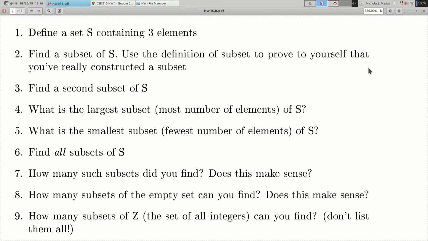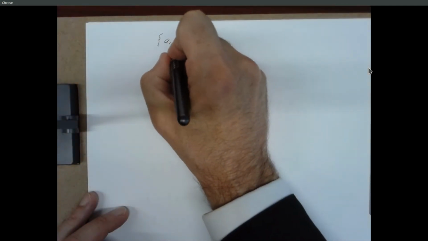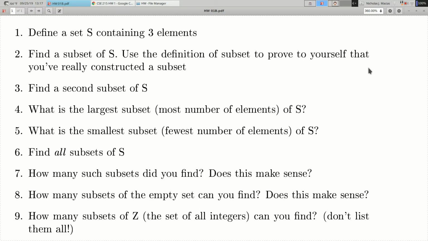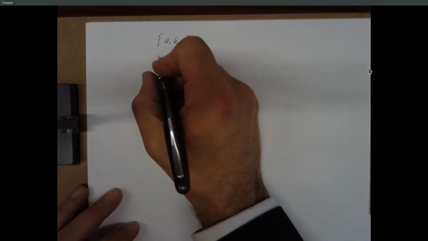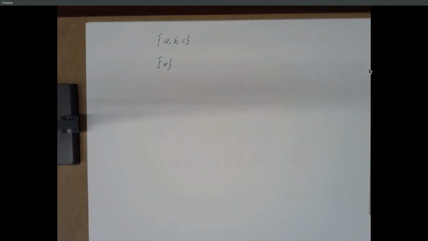So, define a set containing 3 elements. Everybody did that, and it can be whatever your favorite set of 3 elements is. I'll just go with A, B, C, but there are other possibilities. Find a subset of S. Use the definition to prove to yourself that you really constructed a subset. Well, here's a subset, {A}. How do we know that that's actually a subset?